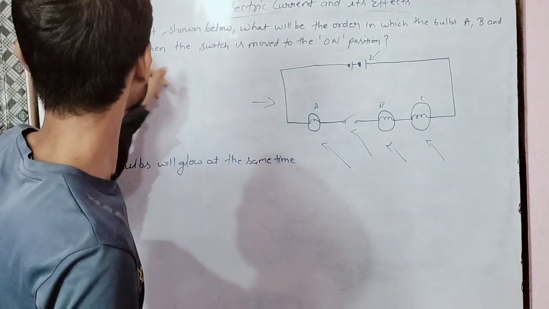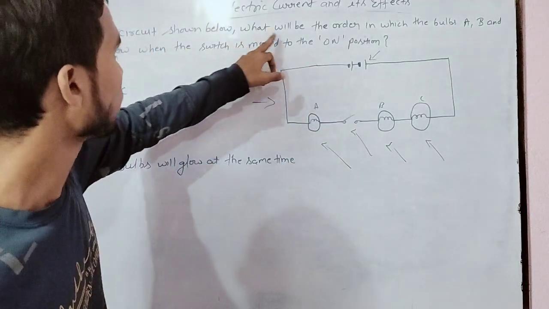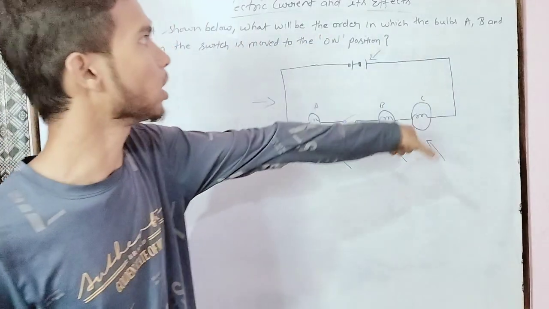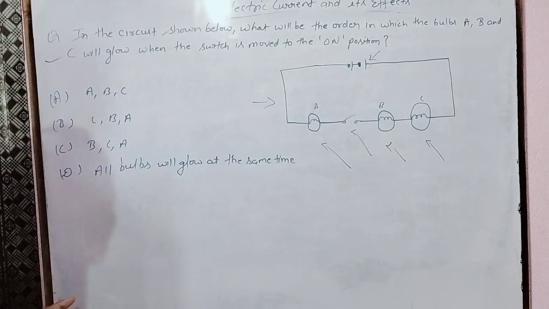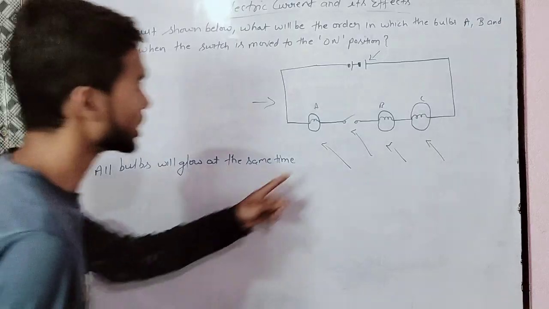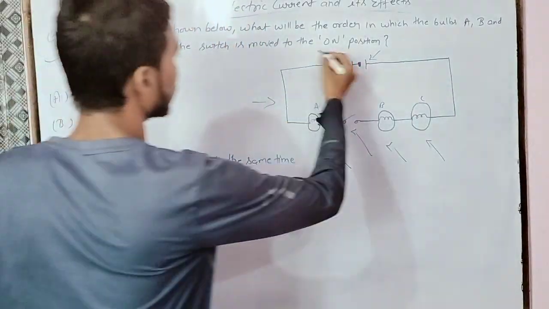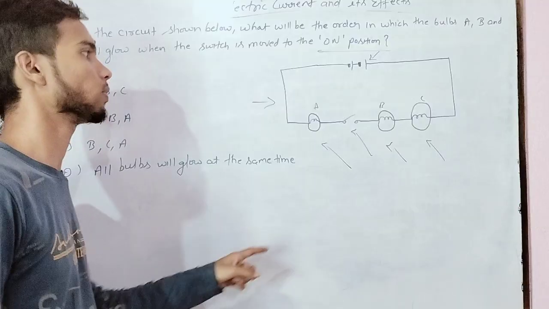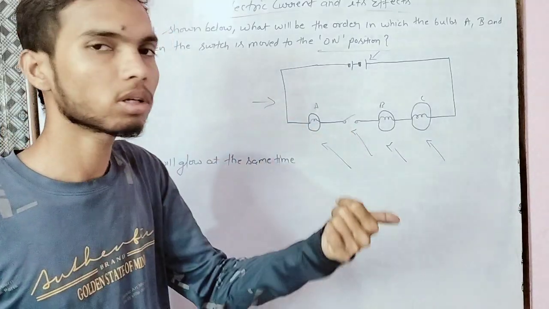The question is about the circuit shown below. What will be the order in which bulbs A, B, and C will glow when this switch is moved to the on position? Right now it is switch off.